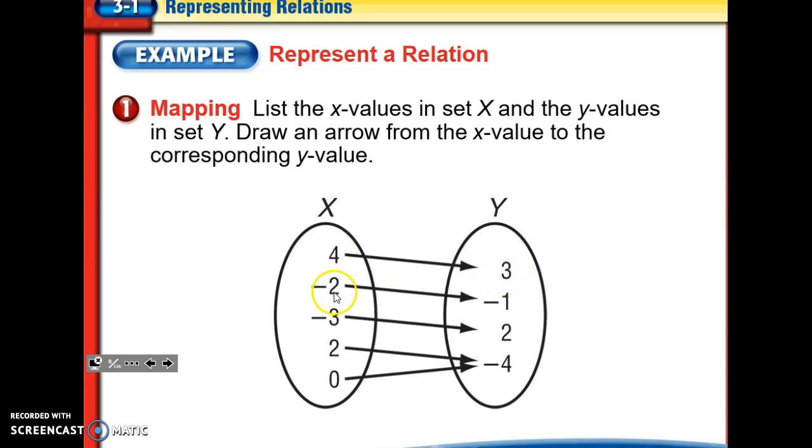The second ordered pair was -2, -1. We have -3, 2. And then the last two ordered pairs, we had 2, -4, and 0, -4. We do not write -4 twice, but we show that both ordered pairs point to -4.